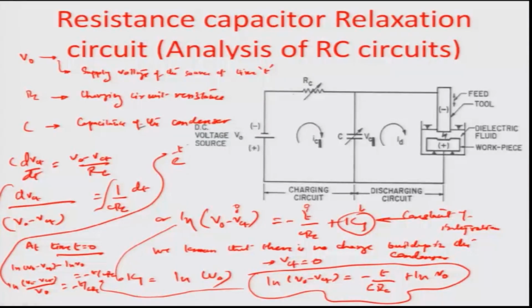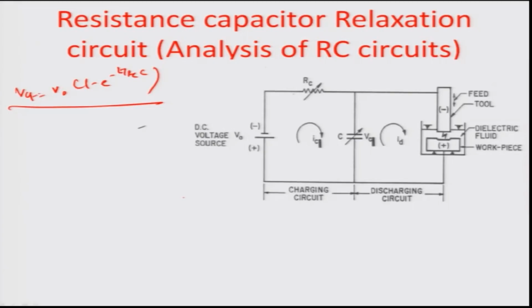So, you have e to the power of minus t by RC equal to (V0 minus VCT) by V0. In other words, VCT becomes equal to (1 minus e to the power of minus t by RC) times V0. That is exactly what we arrived at here, just in the interest of detailing, although it is probably not related at the level in which this course is being operated.